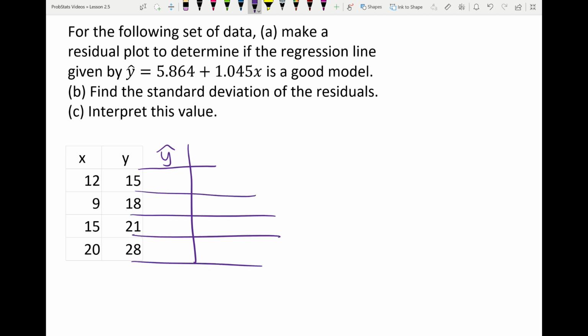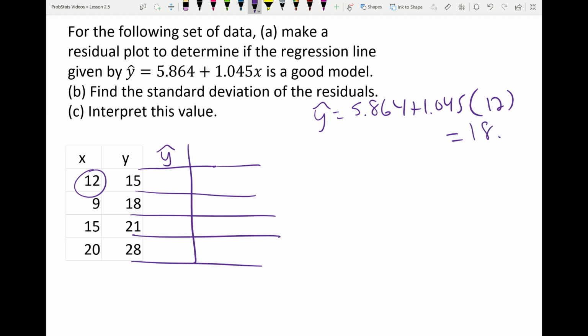So in order to do the first one, we need to do y-hat equals, we're going to use the equation that they give us, and plug in x equals 12 first and get that y-hat. If you did that, you're going to get 18.404. And then we're going to repeat that for the other ones.